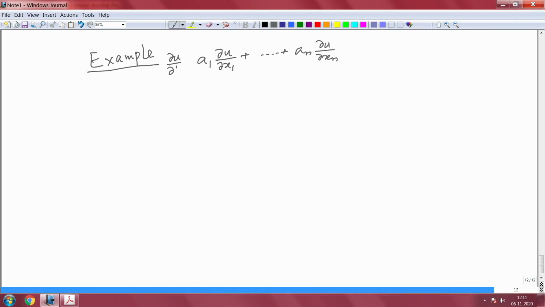So, I am actually considering, so x is in R n and t I can just take positive. So, this is the transport equation in more than one dimension. Okay. So, the a i's are constants, for simplicity I am taking.